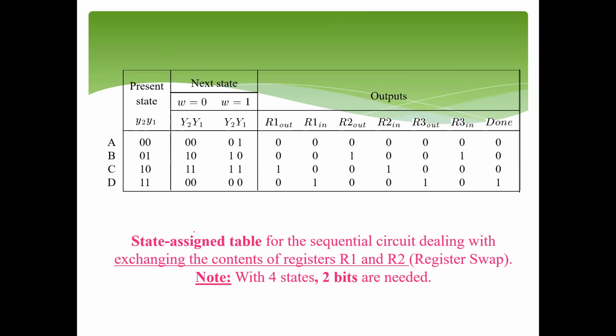So to do that, how many inputs do we have? We have 3 inputs. We have the input W, and we have the present state. So each one will have a 3 variable k-map. Let's take Y2, for example. I want to fill the k-map for Y2. So I have here Y2 and Y1, and this is input W.